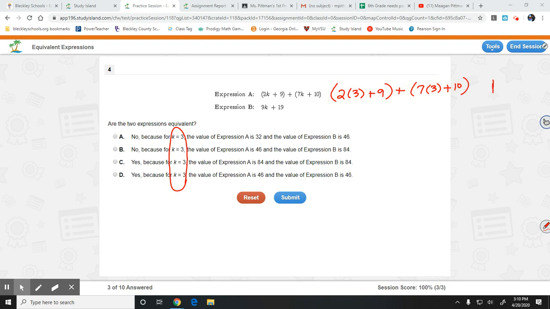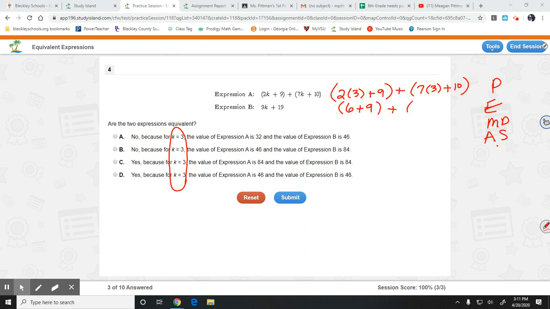According to our order of operations, please excuse my dear Aunt Sally, we're going to do parentheses first. Inside the parentheses, we still have to follow order of operations. We don't have exponents, but we have multiplication before addition and subtraction. So 2 times 3 is 6 plus 9.